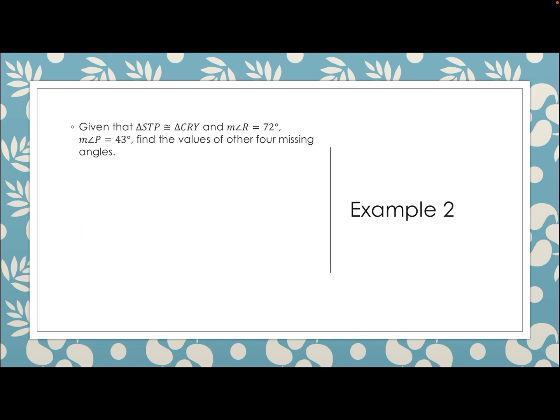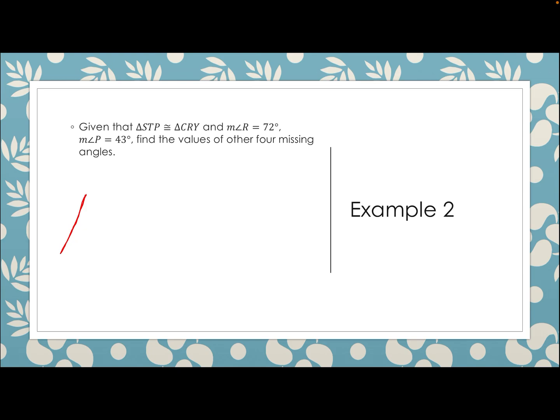Next example is in a triangle. So we know that triangle STP is congruent to triangle CRY. And we know that the measure of angle R is 72 degrees. We know that the measure of angle P is 43 degrees. And we need to find the other 4 missing angles. So let's draw some triangles.